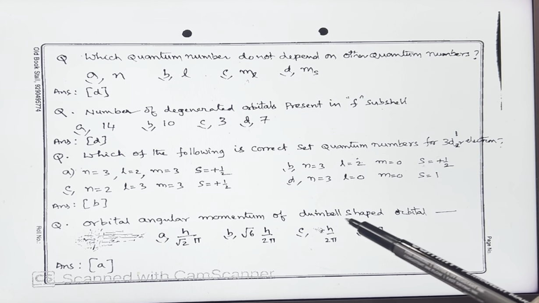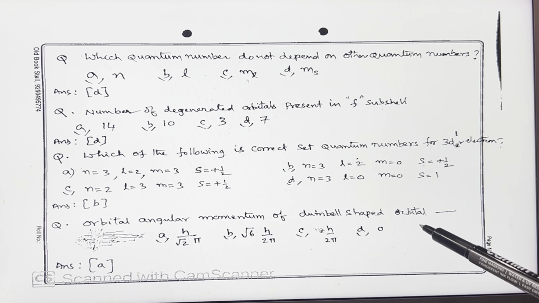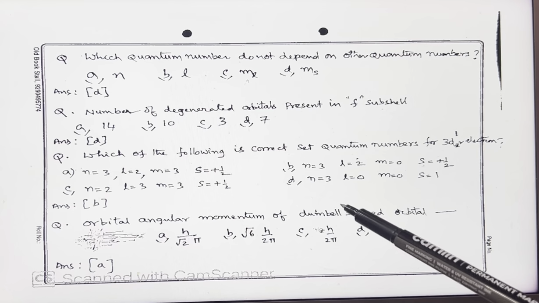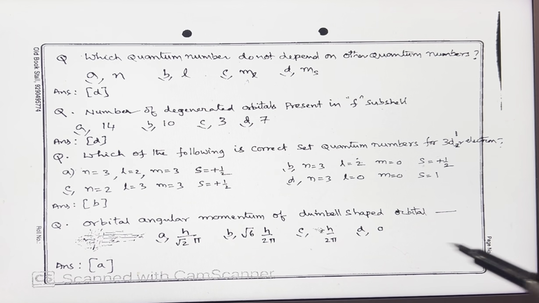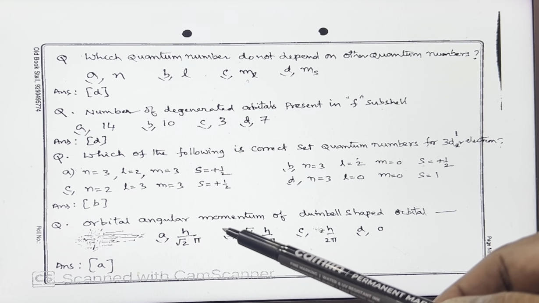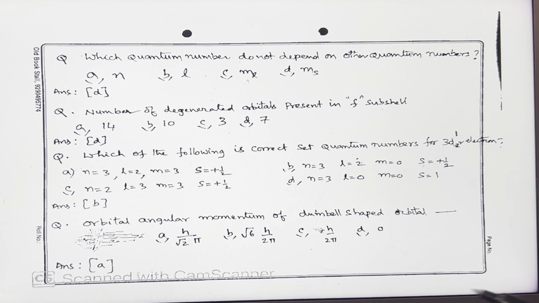Orbital angular momentum of the dumbbell shaped orbital, for the p subshell. Dumbbell shaped orbital is nothing but the p subshell. Double dumbbell is d. For the p subshell, what is the L value? L value is 1. So, what is the orbital angular momentum? Orbital angular momentum is equal to root over L into L plus 1, into h by 2 pi. L value is 1, 1 into 1 plus 1, that is equal to root 2 into h by 2 pi.